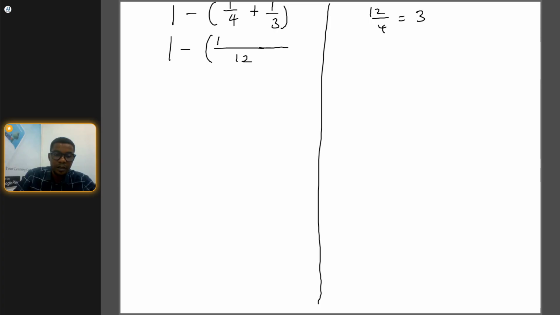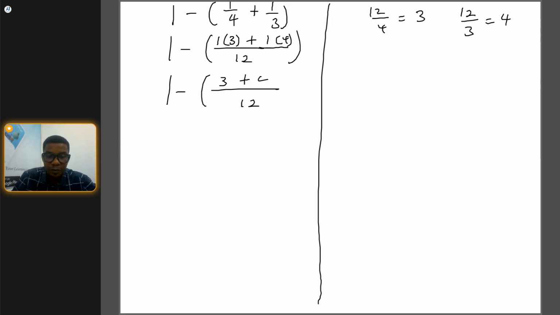We have 3 in brackets plus 12 divided by the next denominator, which is 3, that equals 4. So we have 1, which represents the pocket money, over 12. Multiply 1 by 3, that is 3, plus multiply 1 by 4, that is 4.